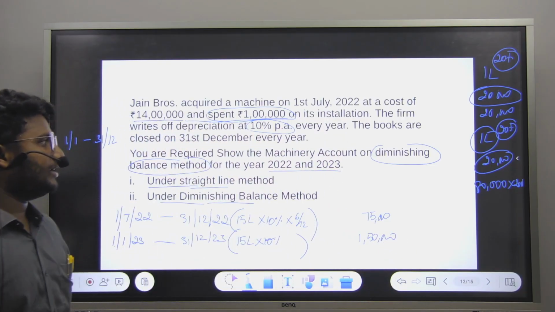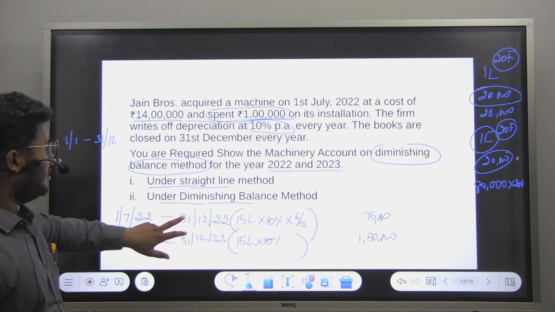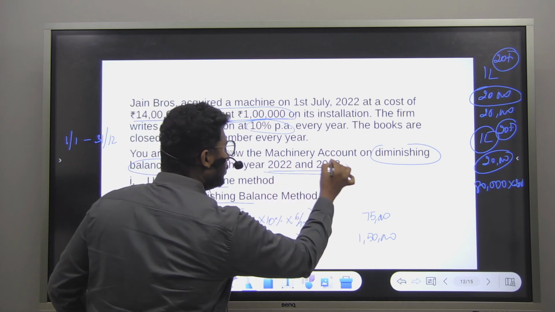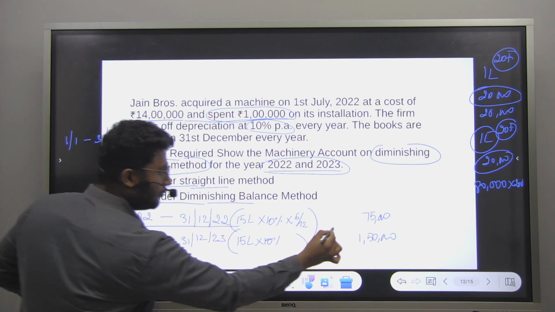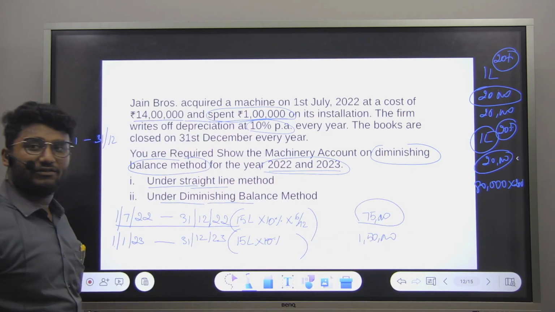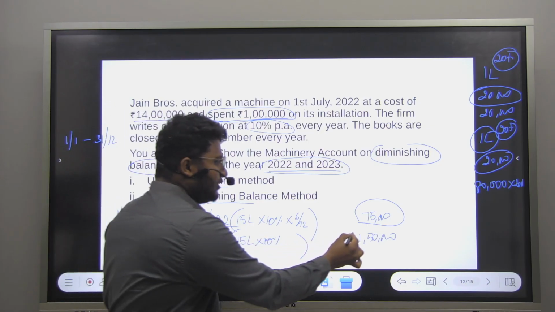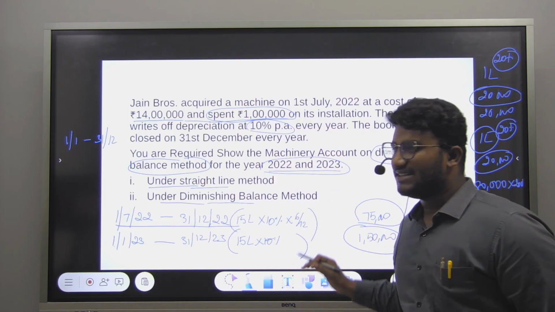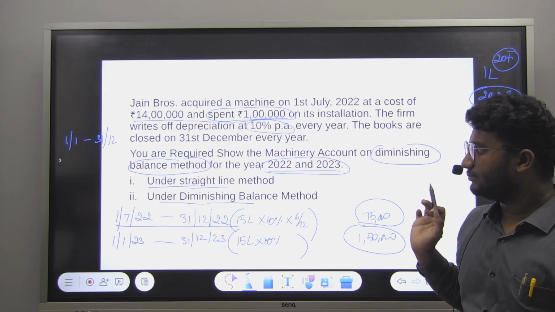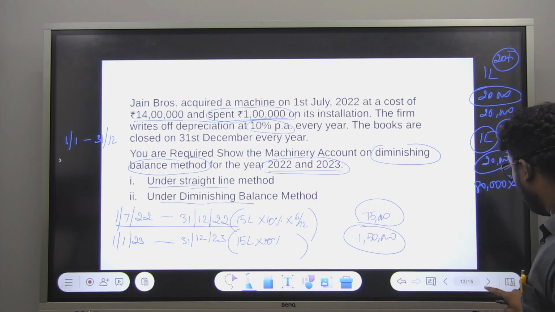You are required to show the machinery account for the year 22 and 23. Only for 2 years. For the year 22 we have charged 75,000 rupees depreciation. For the year 23 we have charged 1,50,000 rupees depreciation. Is it clear? Yes, sir. Okay. So this is under straight line method. We will pass the journal entries now.